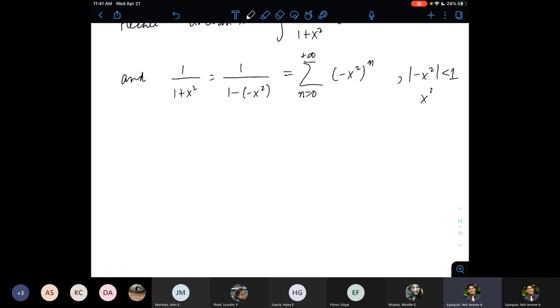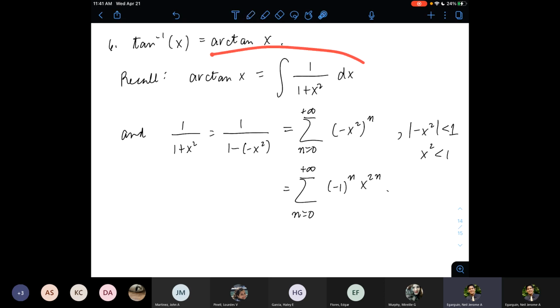Actually, you can say whenever x squared is less than 1, that's fine. You can rewrite this as negative 1 to the power n, x to the 2n, going from 0 to infinity, right? And this tells us that to get an expansion for arctan, we only need to integrate the series expansion for 1 over 1 plus x squared, which we already have here.